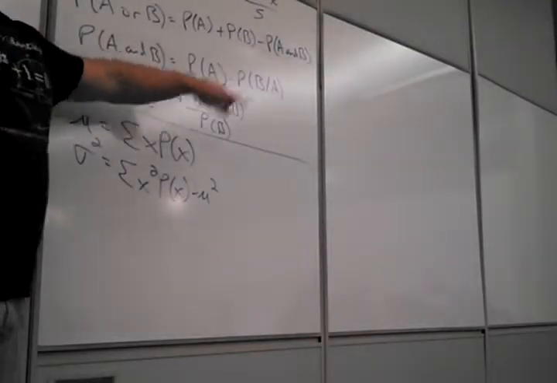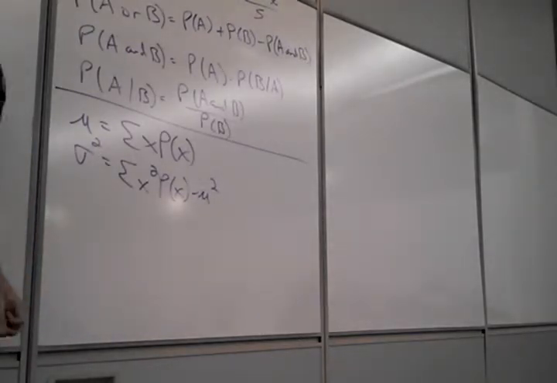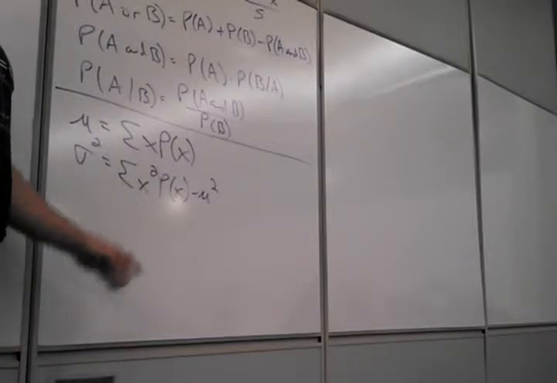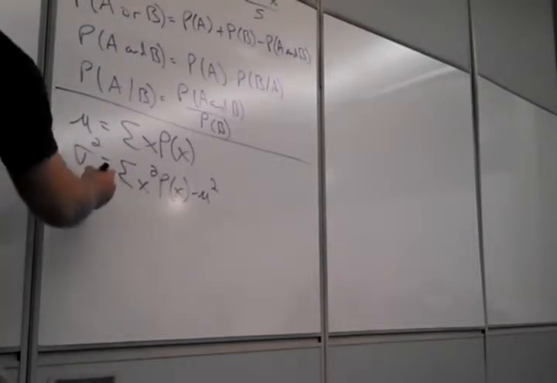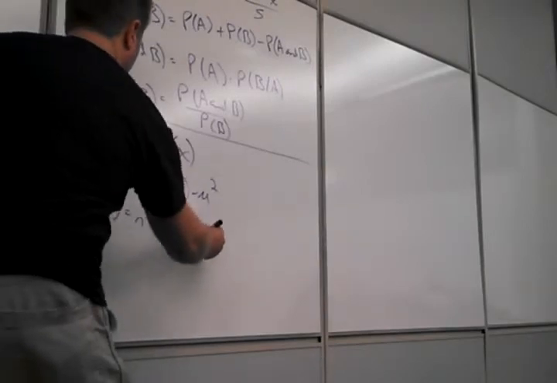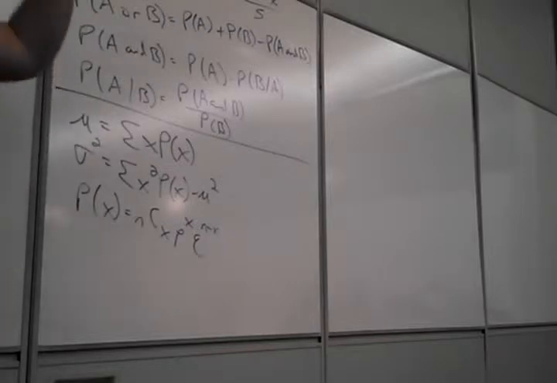Probably when I give you x and p of x in that table form. It's kind of a giveaway. And chapter 5 is also where we talked about binomial stuff. So you have the binomial probability.